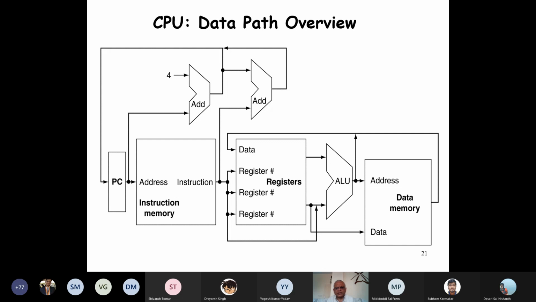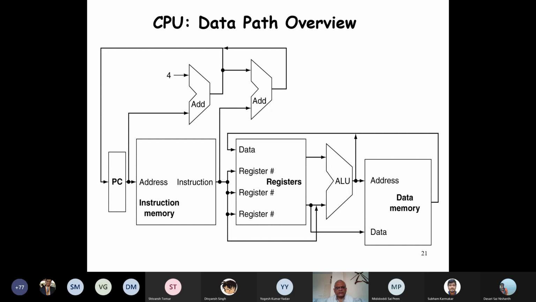And then we use this ALU to compute the result, and for some instructions we store here in the data memory. Also we add 4 to the PC value, but for some instructions we have this adder where we handle the jump and branch and so on.